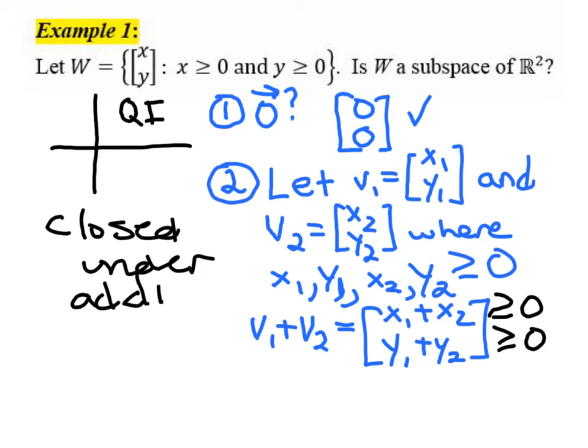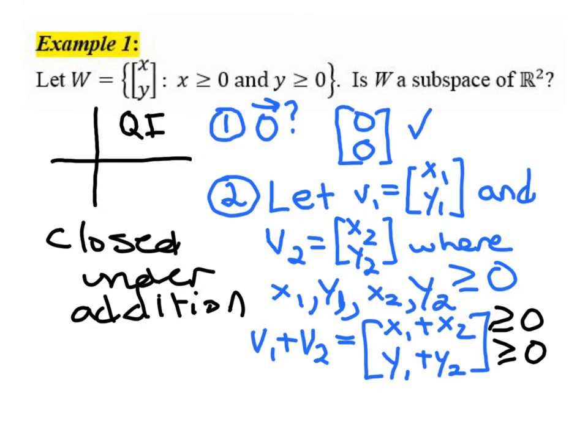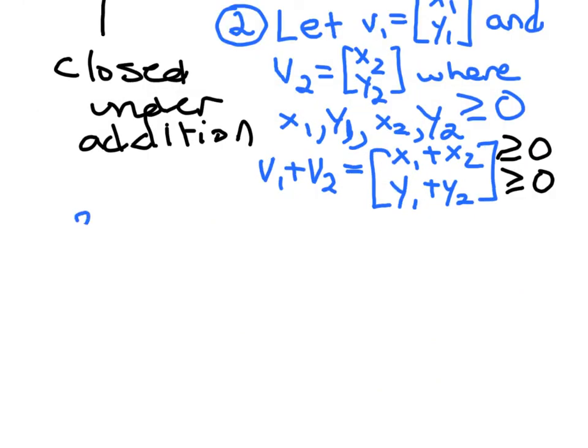So the third condition that we have to check is, is it closed under scalar multiplication? And this is where we're going to run into problems. You might have suspected this from the beginning. I'm going to slide down here. So the third condition is, is it closed under scalar multiplication?